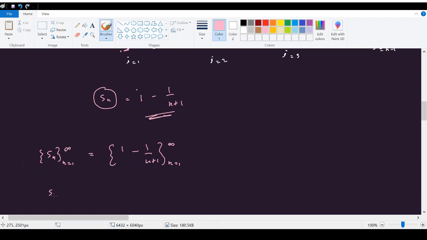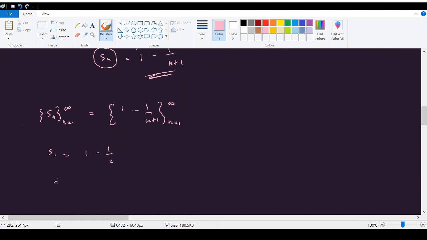Now if you need to find terms, you can directly substitute the values into this simplified expression and evaluate the required terms, but you don't have to do this. What you need is the general term of the partial sum sequence, right?